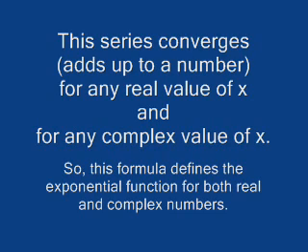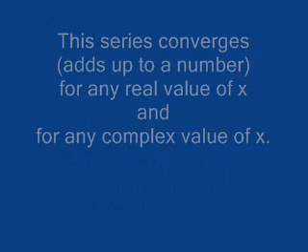It turns out this formula is how we define the exponential function for not only real numbers, but complex numbers as well. And it turns out that you can show, using some advanced mathematics, that this series converges absolutely for any complex number.